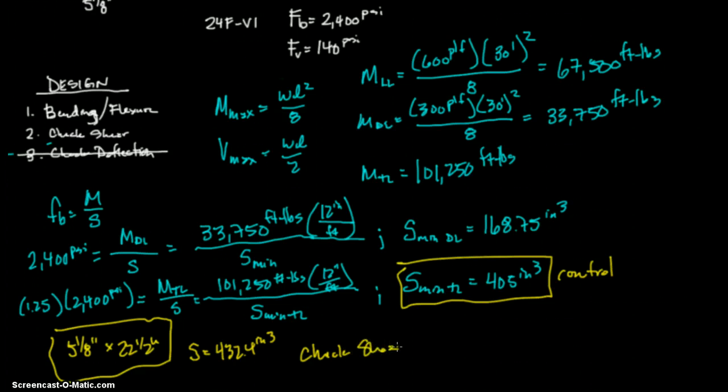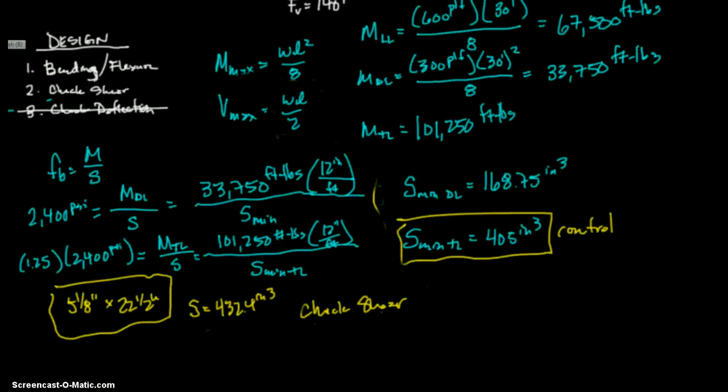And now we need to check shear. We're running low on time, so I've got to pick up the pace a little bit here. Check shear, and FV equals the short equation, 3 V over 2 BD, where BD equals A. Let's write it up here.